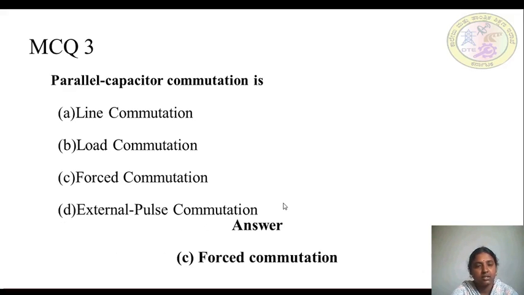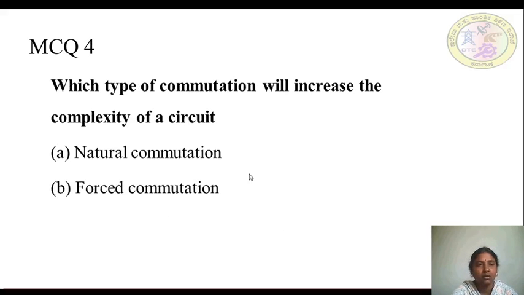The answer is forced commutation, because parallel capacitors are used in case of forcibly applying commutation techniques. So not in line commutation or load commutation or external pulse commutation, but in case of the forced commutation method, parallel capacitors are being used.